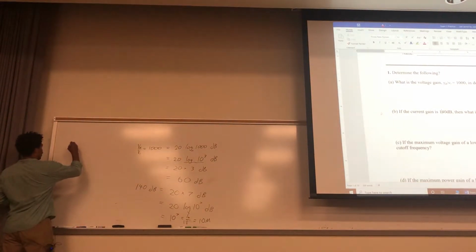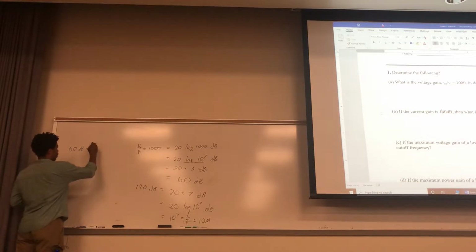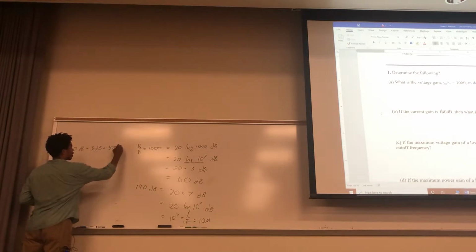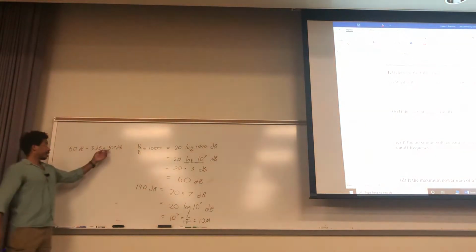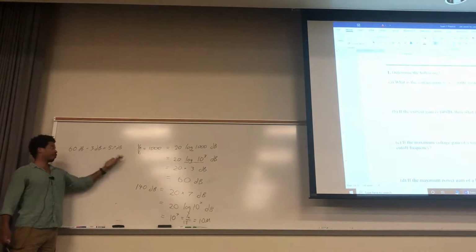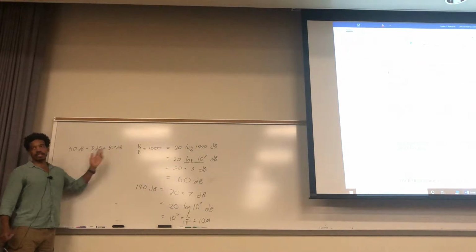So it's going to be 60 decibels, and for cutoff, we're at minus 3 decibels. And so that's just going to be 57 decibels. That's the decibel level at cutoff frequency. If you go lower than that, then of course that's beyond cutoff. But at cutoff, that's what it's going to be.